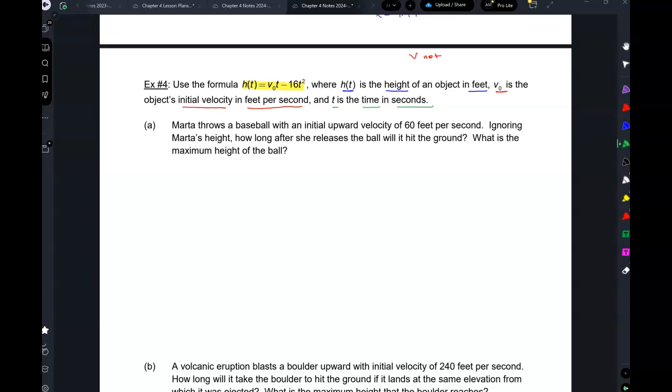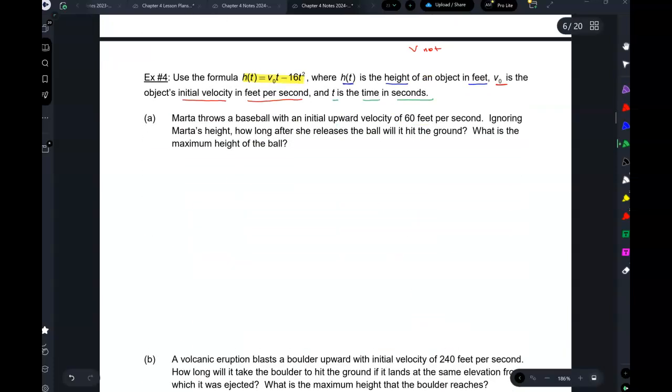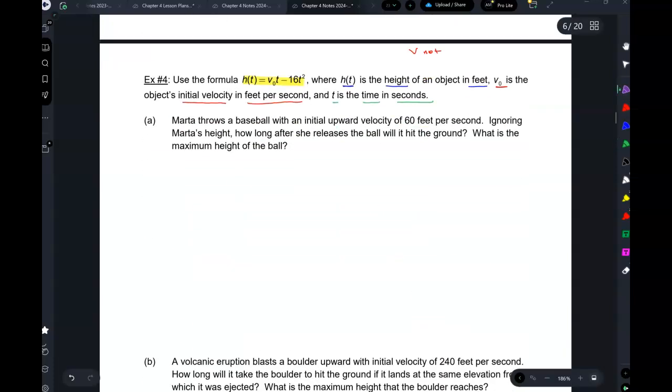What is the maximum height of the ball? Okay, so if there is an initial upward velocity of 60 feet per second, that means v naught is 60 feet per second. So it says, how long after she releases the ball will it hit the ground? So what are we looking for here? We're looking for time. And we're looking for the time when the ball hits the ground.